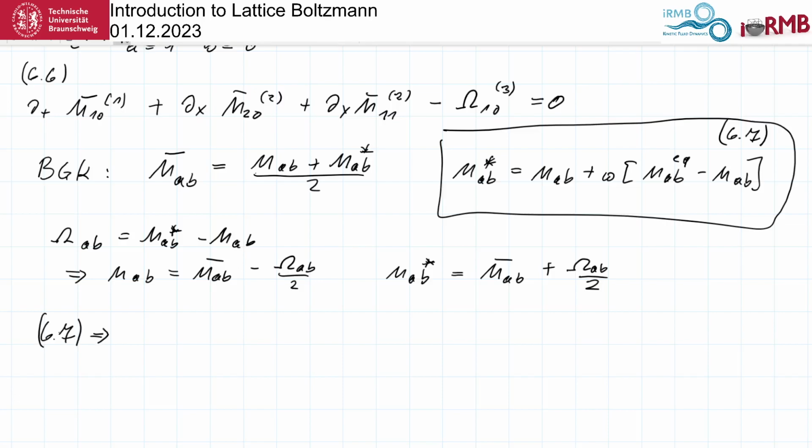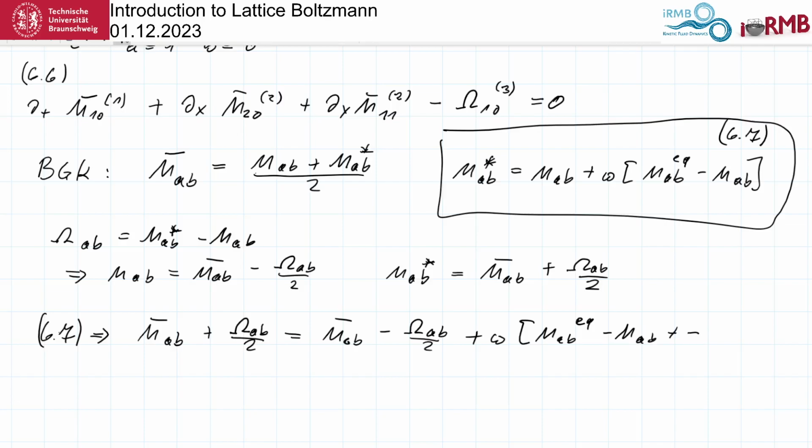So 6.7 means we have M_AB over bar plus omega_AB half equals M_AB over bar minus omega_AB half plus omega times M_AB equilibrium minus M_AB plus omega_AB half.